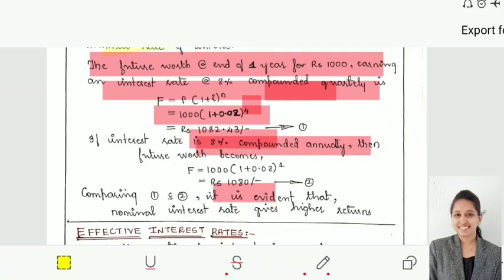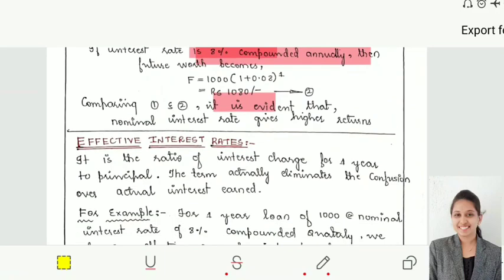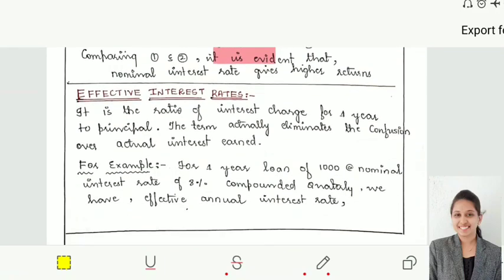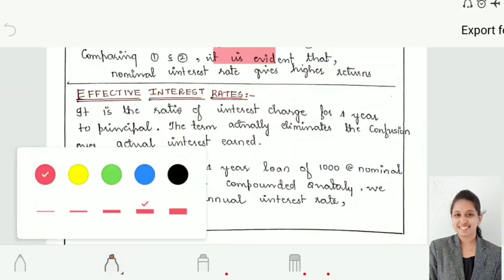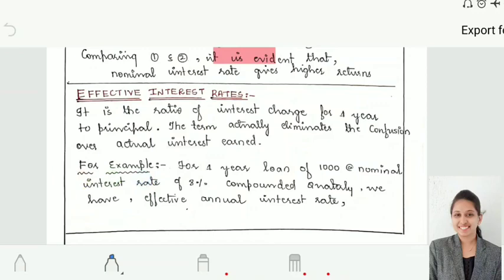But usually in our day-to-day life we always consider the effective interest rates. So here the effective interest is the ratio of interest charged for 1 year to the principal.